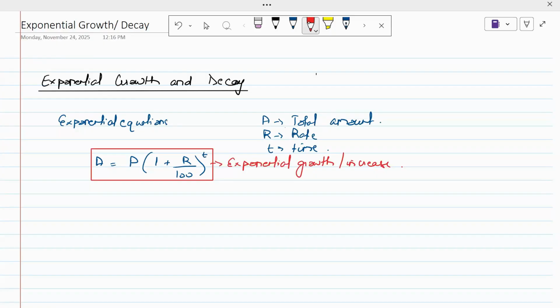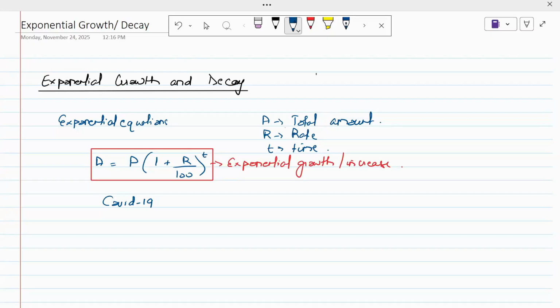In simple words, I can give you the example of COVID-19. At the time of coronavirus, we saw that initially when this virus came into play, the people were getting infected at a very higher rate.